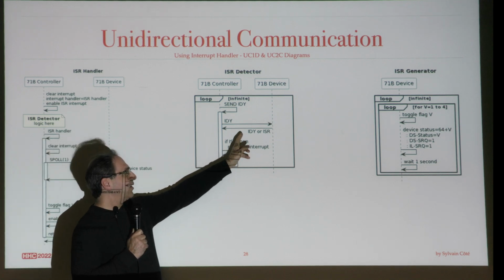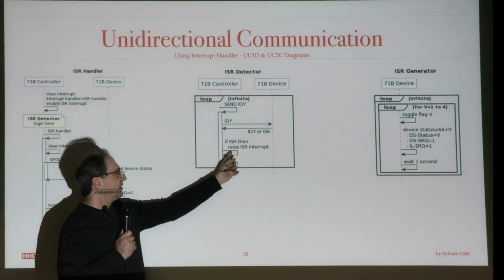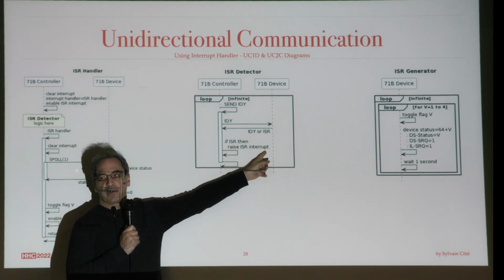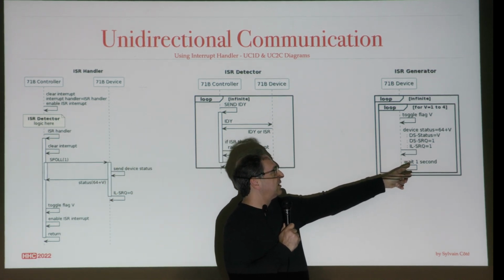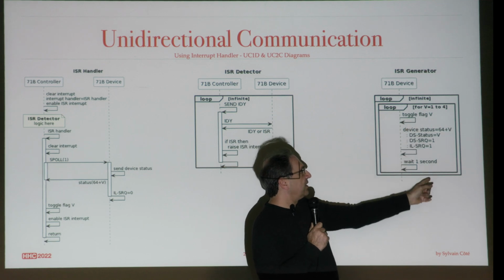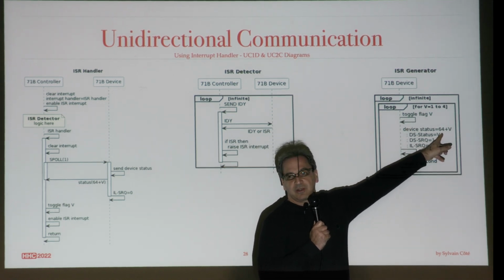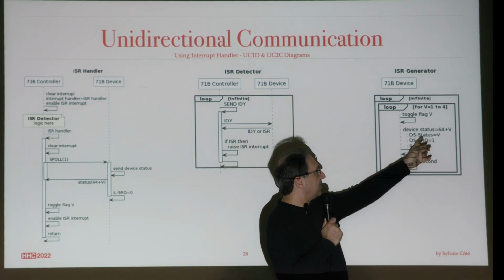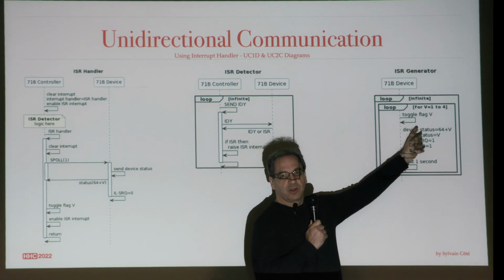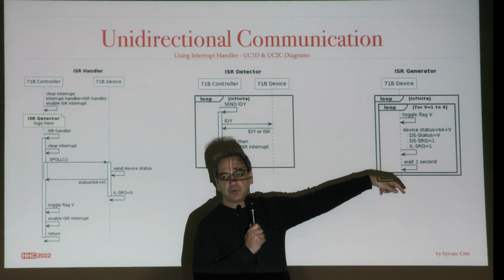If an identify is converted into a service request, then it's going to raise an interrupt, and the interrupt handler will handle that. The other side here, the 71B device, will set a flag and will add 64 to it to raise the service request bit. And it's going to wait 1 second. And it's going to do 1, 2, 3, 4, 1, 2, 3, 4, and so on in an infinite loop.